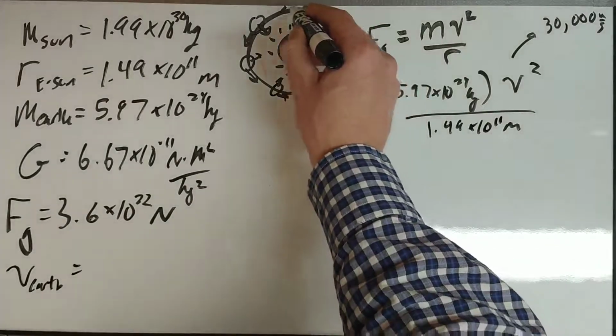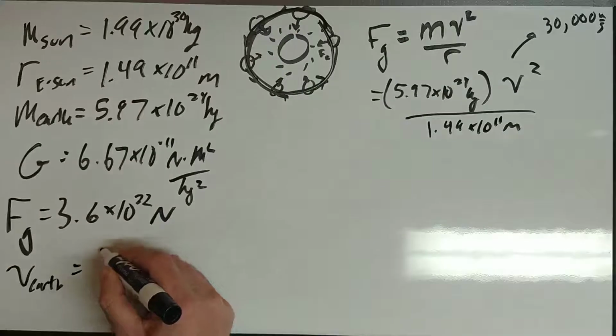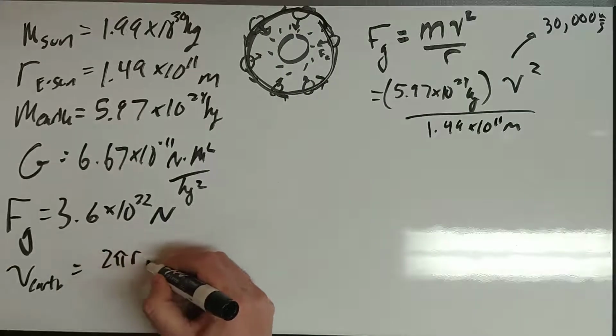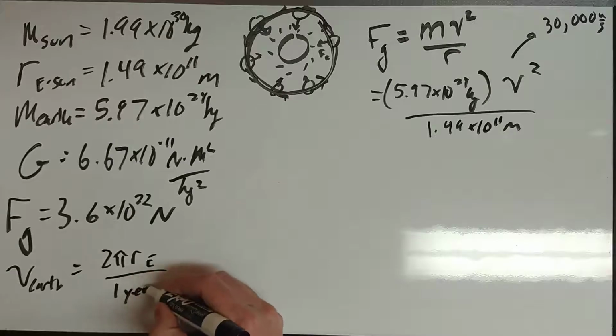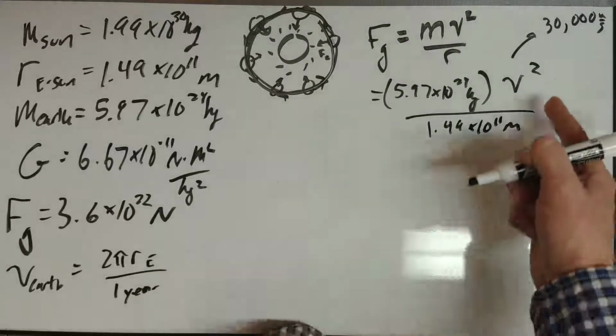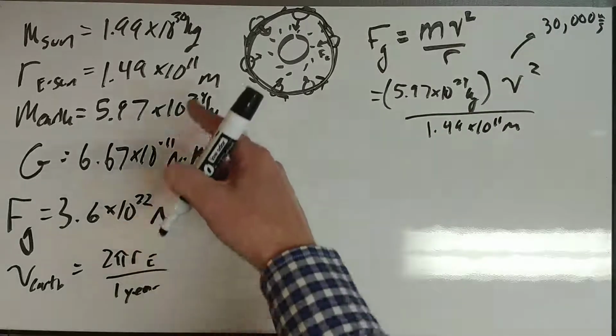It's making one circumference lap in 1 year. So it's 2 pi times the radius of the Earth's orbit divided by 1 year. But the problem with that is we want it in meters per second to make this all work. So the top's easy, 2 pi times this radius.